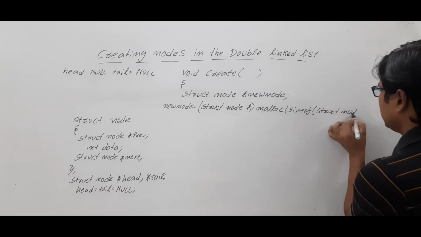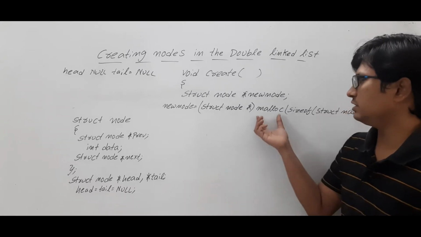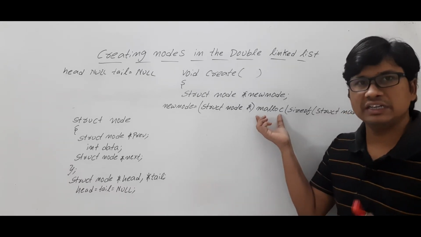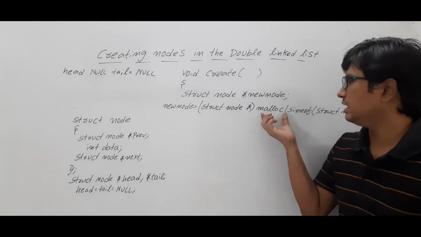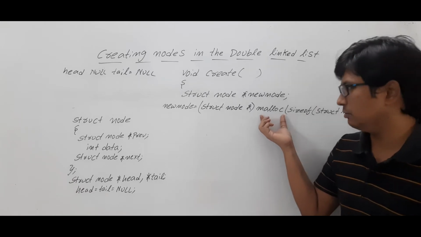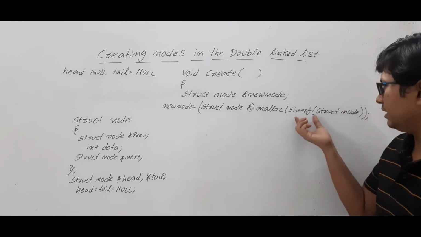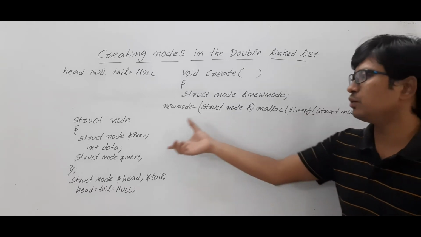Is it clear? Now you know what the malloc function will do. The malloc function will allocate the memory or create the memory dynamically, meaning that it will allocate the memory during the runtime. How much memory will be required, that you have to specify here. So I want to create one node.